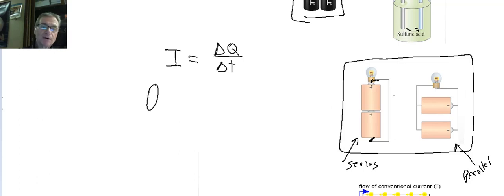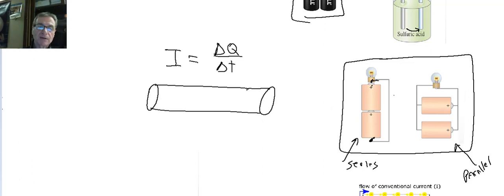So if I had a wire here, all right, I'll try to draw it like the one above, and say I had all these negative charges in here, and I was able to open a window into my wire.